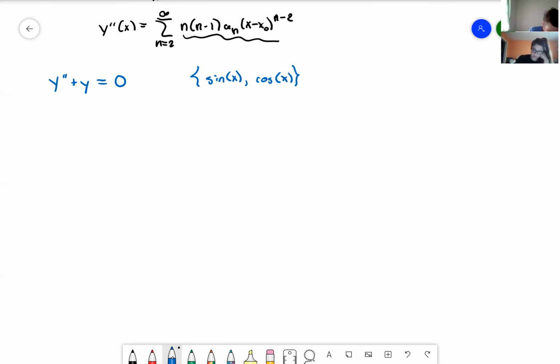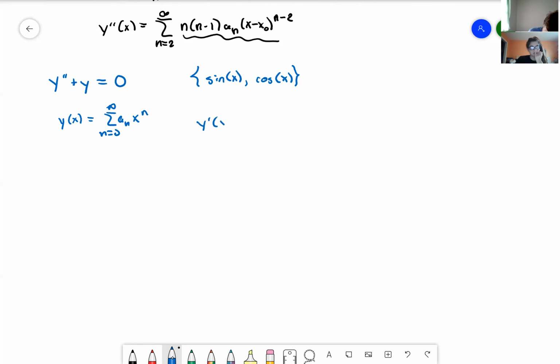Because I've scrolled them off the screen, I'll just rewrite y of x is equal to the sum from n equals 0 to infinity of a n (x minus x0) to the n. We're going to assume that our initial conditions are given at 0, so we're just going to look at it in these terms.